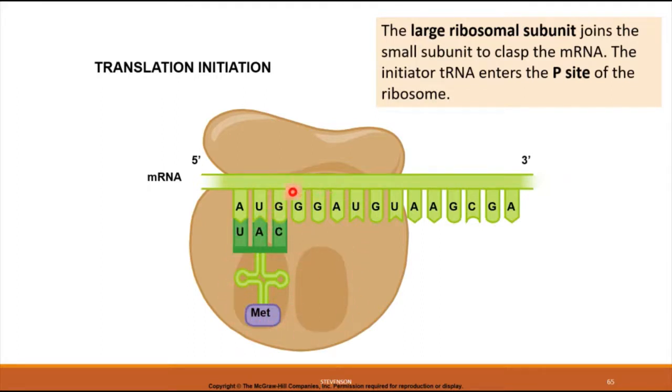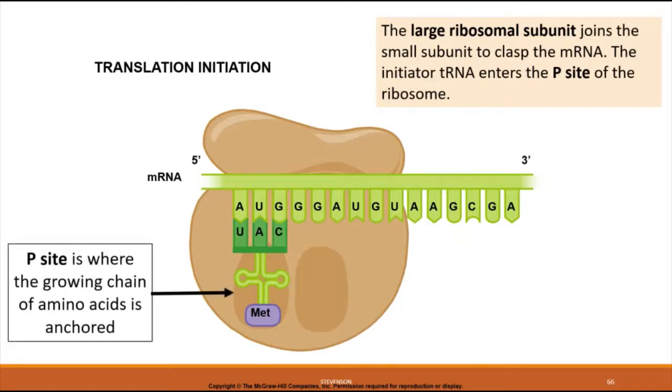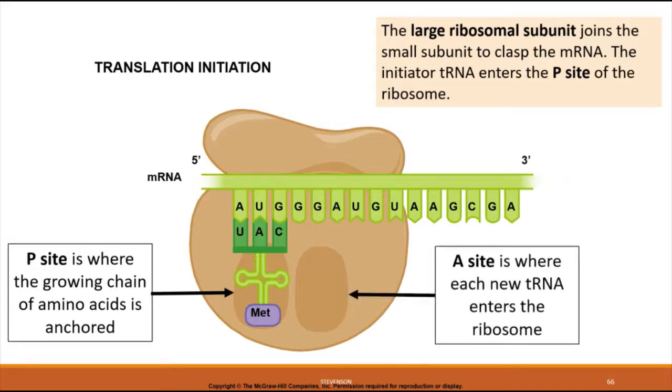We can think about the ribosome as having two rooms in its large subunit. One of them is called the P site, and the P site is where the growing chain of amino acids is anchored, as we will see. The A site is the other room, which is empty right now, and this is where each new tRNA molecule will enter the ribosome as it starts to read the mRNA.